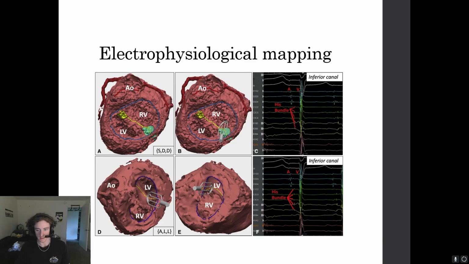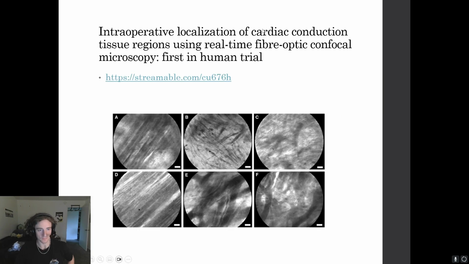Now the other way I think is pretty amazing. It's essentially using fiber optic cables to see into the tissue, right? So I think we'll go over these pictures first, and then we'll watch a video of it. But what we see is, here we're looking at different areas of essentially the atrium, right?